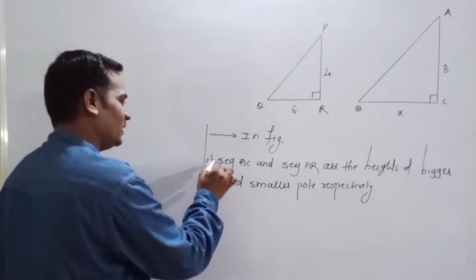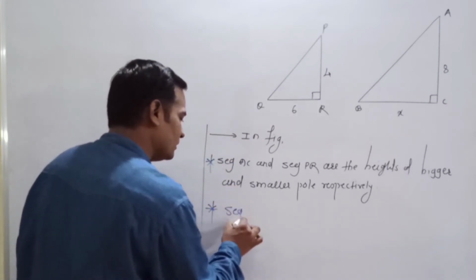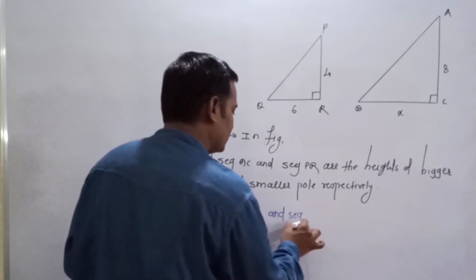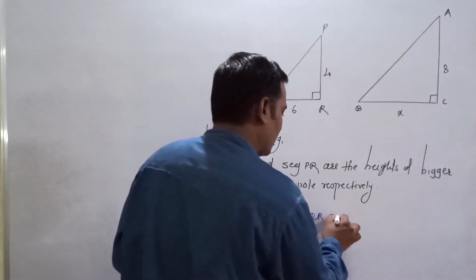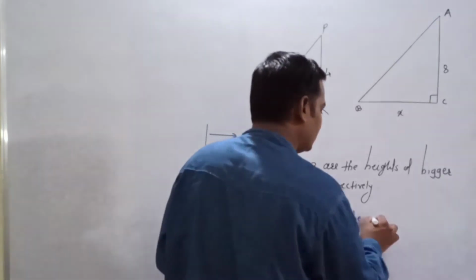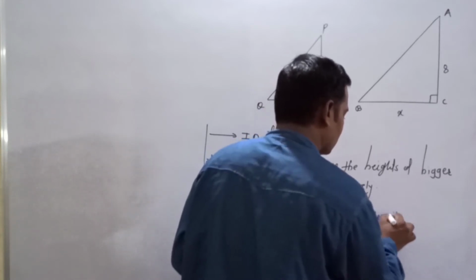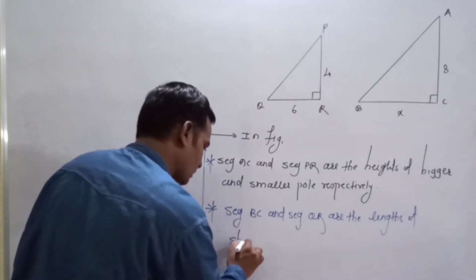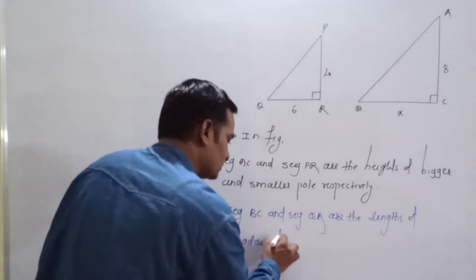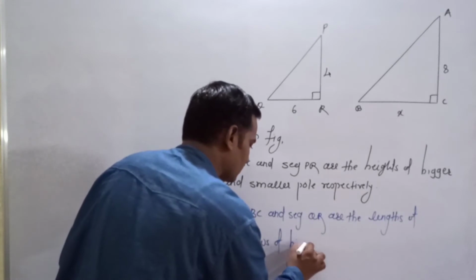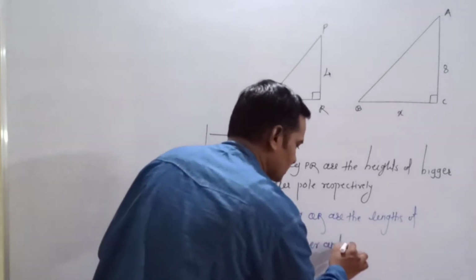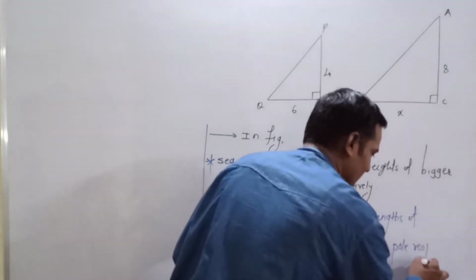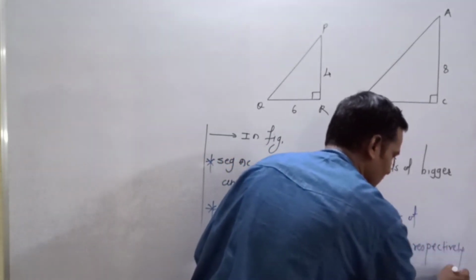So we will write similarly: segment BC and segment QR are the lengths of shadows of the bigger and smaller pole respectively.